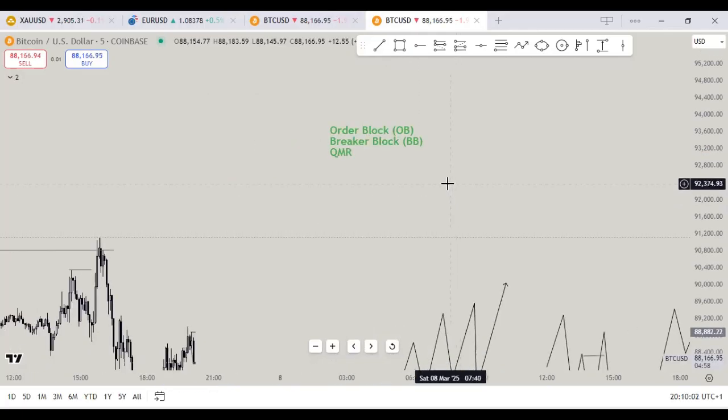Now, these are the 3 types of POI that I trade. There might be some other POIs that you guys might know, but these are the only 3 types of POIs I like to trade.